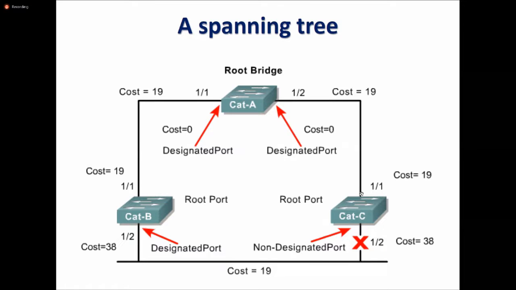Here also the root port is this one, because it is the link for the root. This port 1 introduces the link for the root, right? Every other port contributing to the active tree is a designated port. This is a designated port. This is also a designated port.